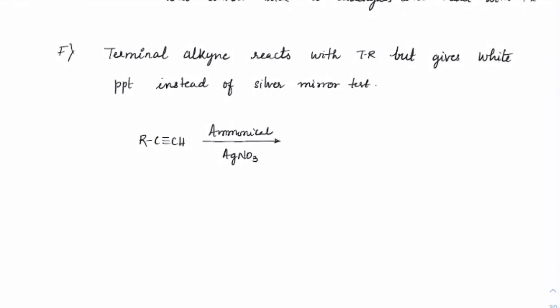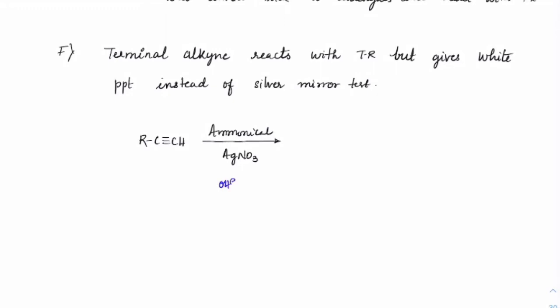Last thing you would see, it will also make a reaction with terminal alkynes. Tollens reagent will make a reaction with terminal alkynes. Ammoniacal silver nitrate, the Tollens reagent, when you treat with this, the acidic hydrogen can be removed with OH minus.